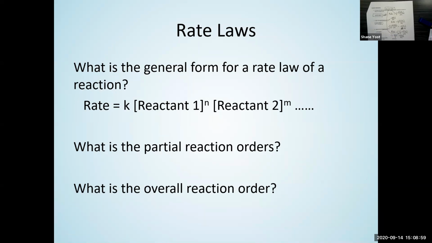The rate of the reaction that we've been talking about equals k, which is some rate constant. It's unique to every given reaction, and it's temperature dependent. So it's not some uniform value for every chemical reaction. The rate constant is going to be different for every chemical reaction that we talk about. But k is a constant. It's called the rate constant.